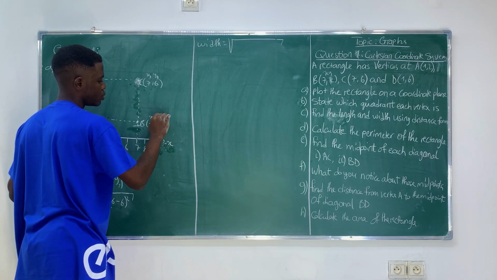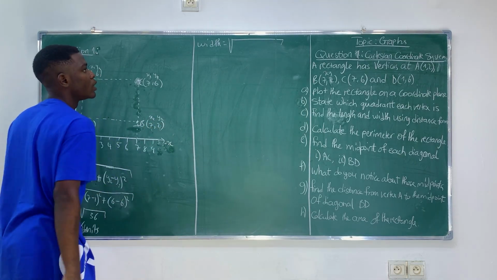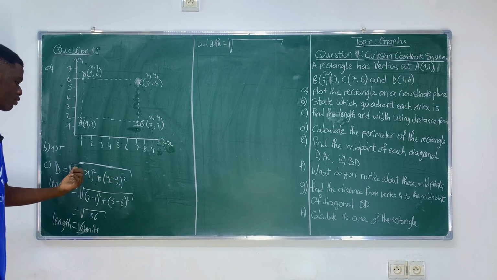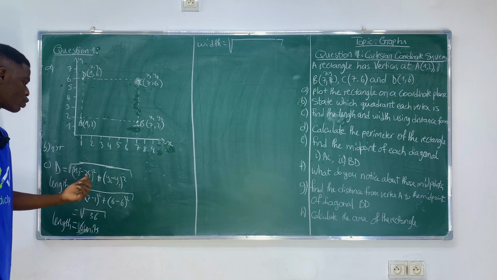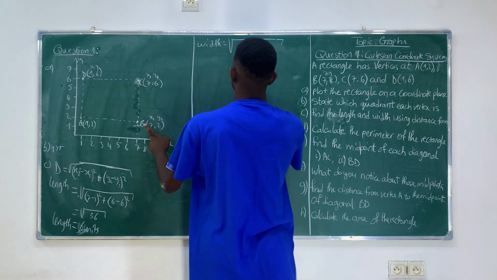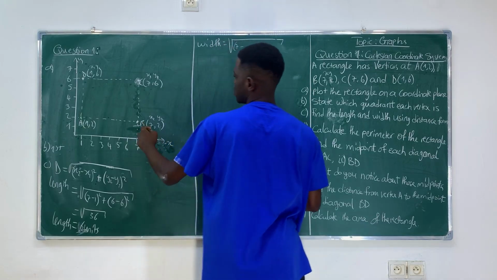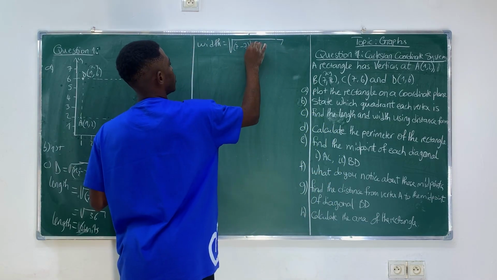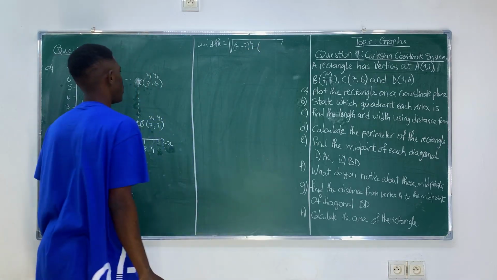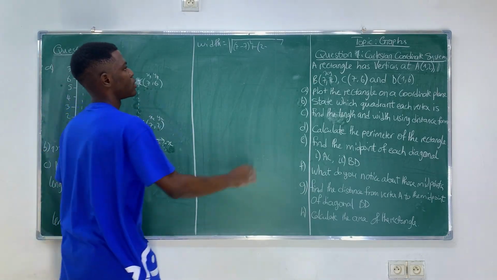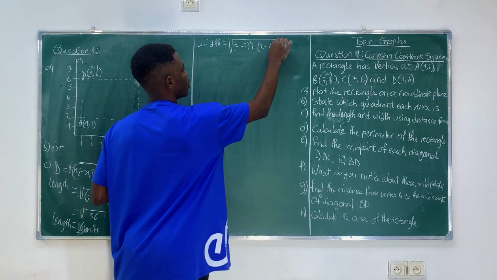I'll maintain the same formula: square root of (x2 minus x1) all squared plus (y2 minus y1) all squared. So where's my x2? 7. x2 minus x1 is 7, all squared, plus y2, my y2 is 2, minus y1, which is 6, all squared.